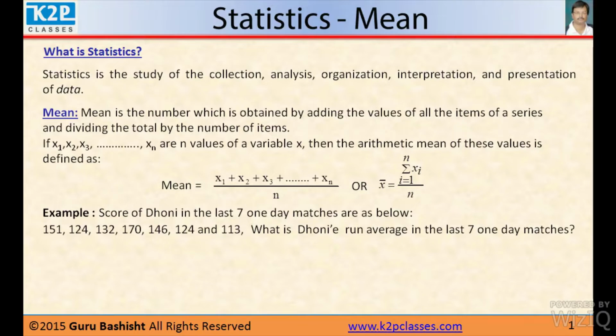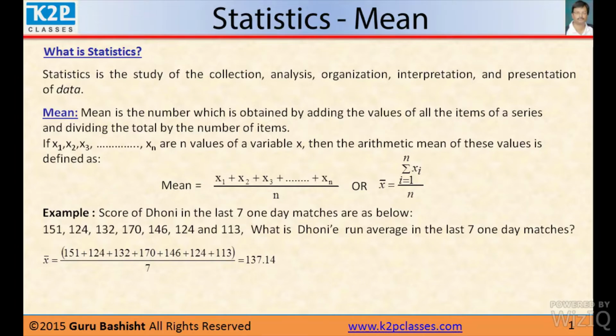Now the question is, what is Dhoni's run average in the last 7 one-day matches? Simply, we will add all the 7 runs and divide it by 7. So, it is 137.14.